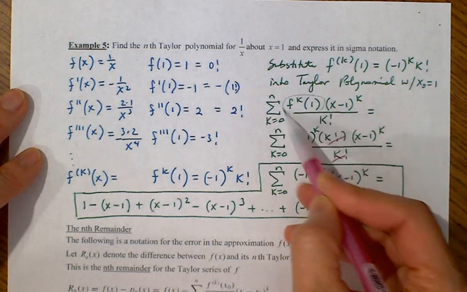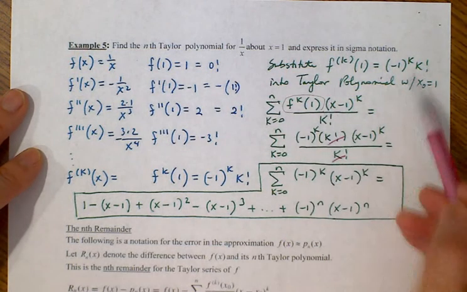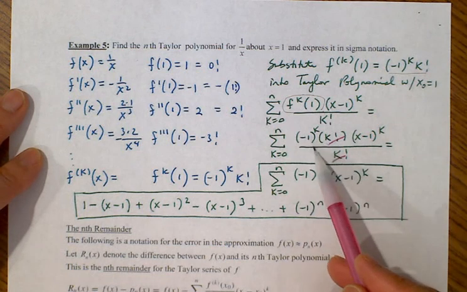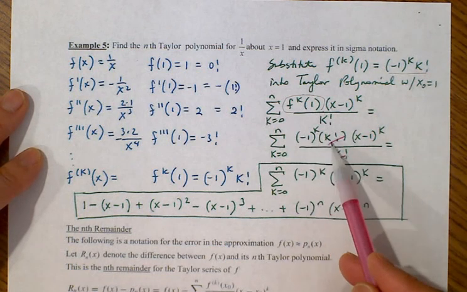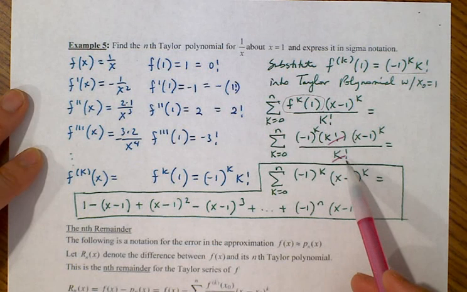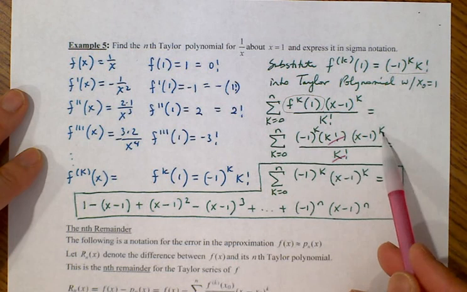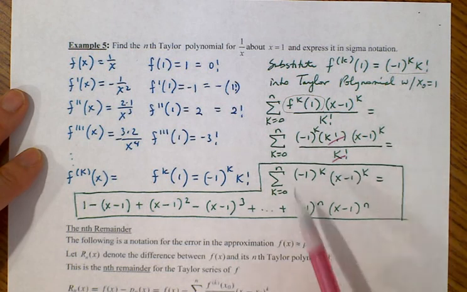So now in place of this right here, I'm putting in this. That gives me negative 1 to the k power times k factorial here, and this k factorial will just cancel out, so I'm left with x minus 1 raised to the k power.